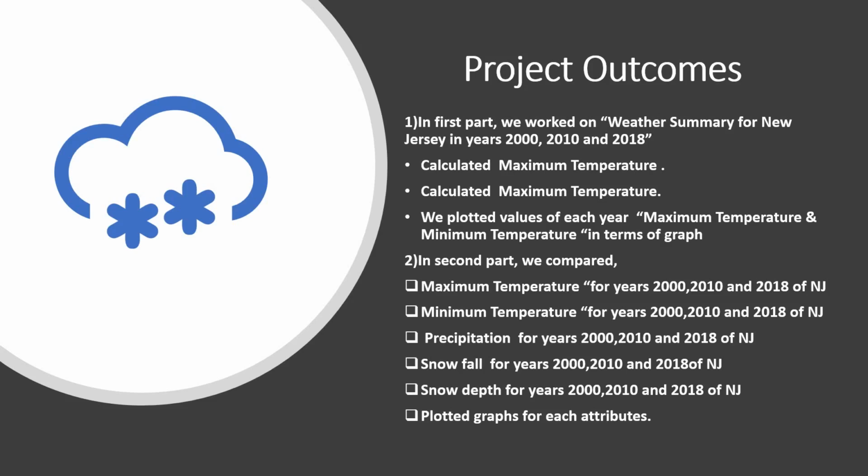We calculated the maximum and minimum temperature of these years, and then we plotted the maximum temperature and minimum temperature values of each year as graphs. In the second part, we compare maximum temperature, minimum temperature, precipitation, snowfall, and snow depth for the years 2000, 2010 and 2018 in New Jersey. Then we plotted graphs for each attribute.